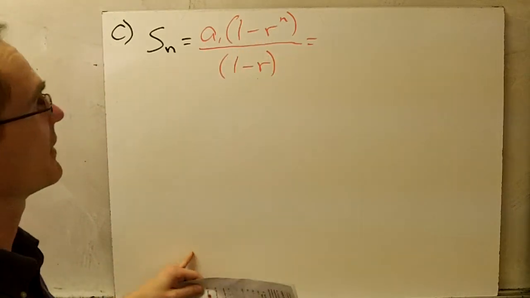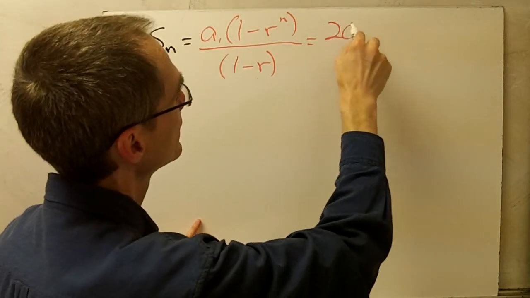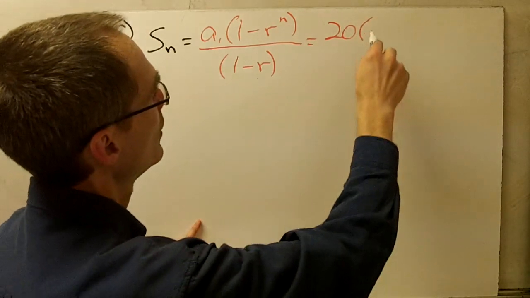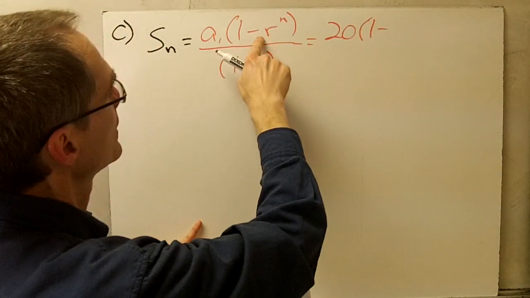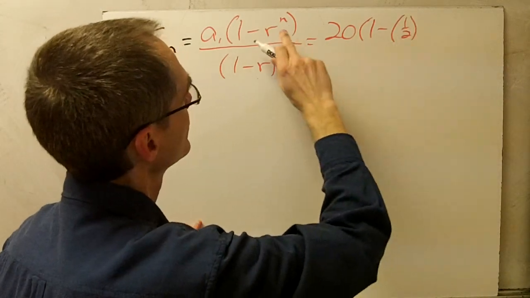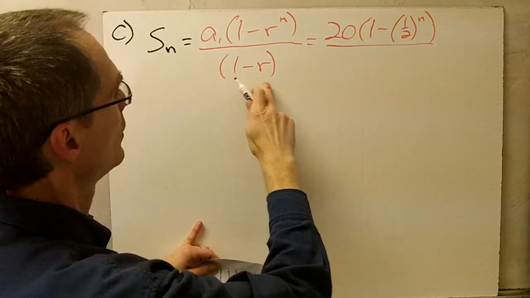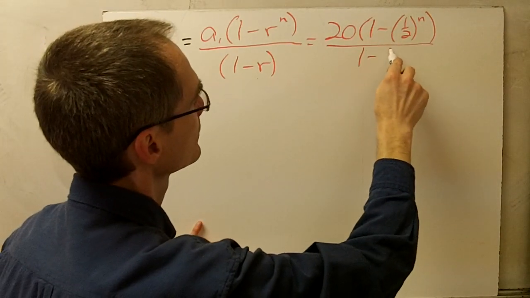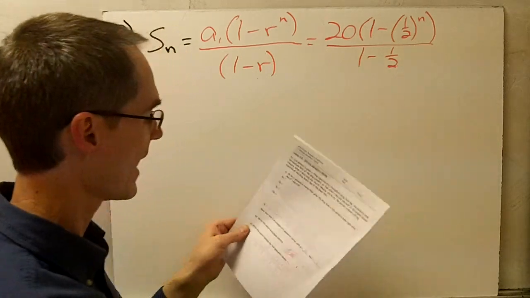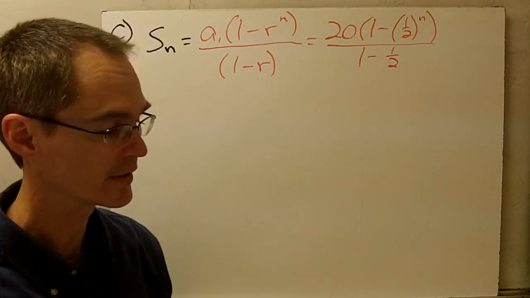Then I just need to plug in my values for a sub 1 and r. So a sub 1, that's my 20 milligrams. 1 minus, let's see, r is 1/2, so 1/2 to the power of n, over 1 minus 1/2. And there's my explicit formula for this geometric series.